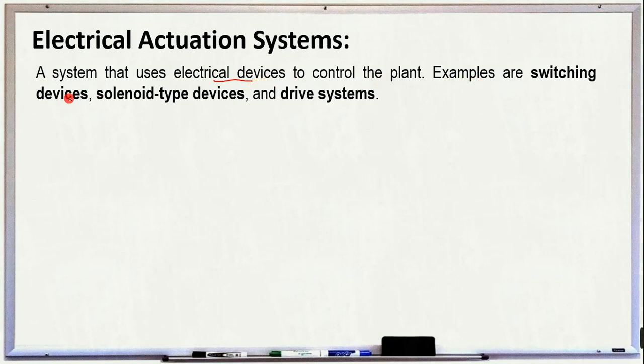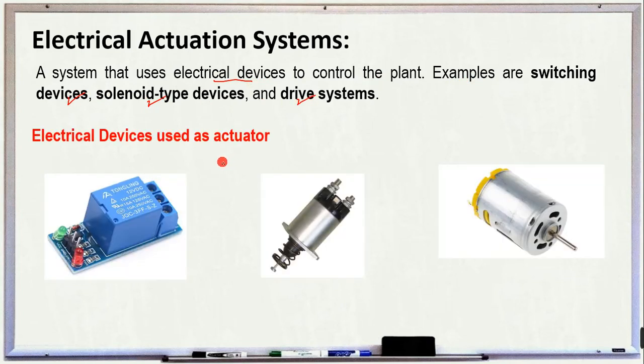Examples are switching devices, solenoid type devices, and drive systems. Examples of electrical devices used as actuators: the most popular is the relay switch. Next is the solenoid actuator, and of course the popular DC motor.